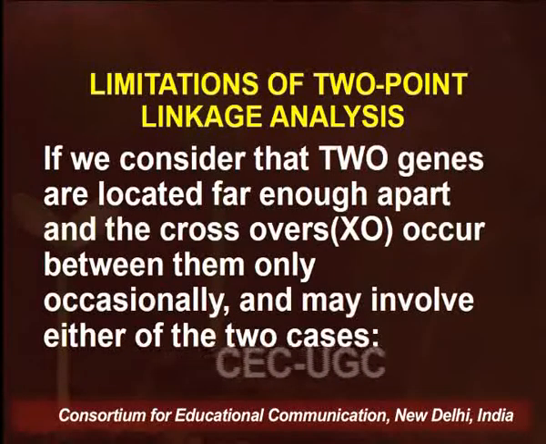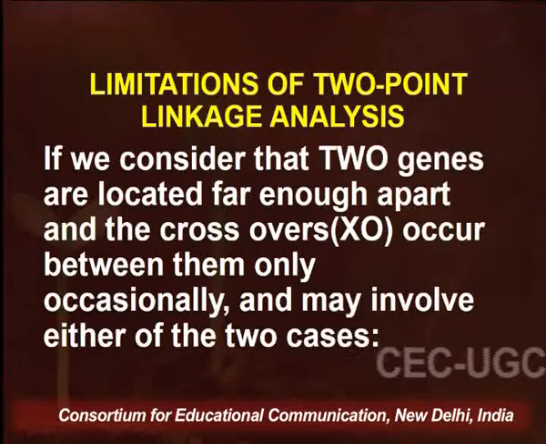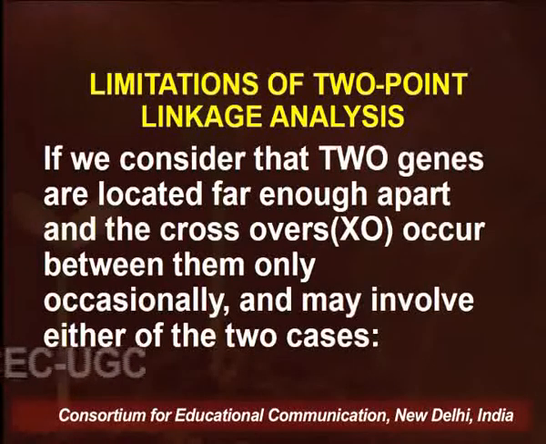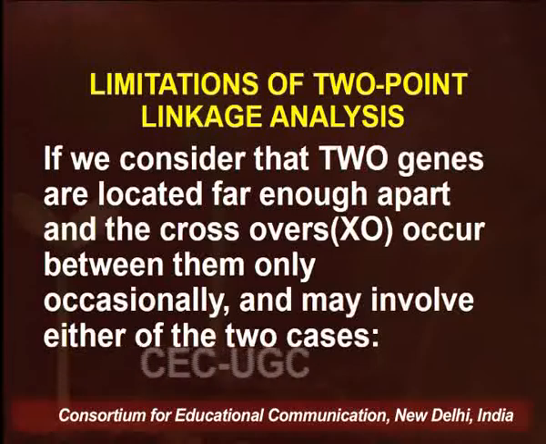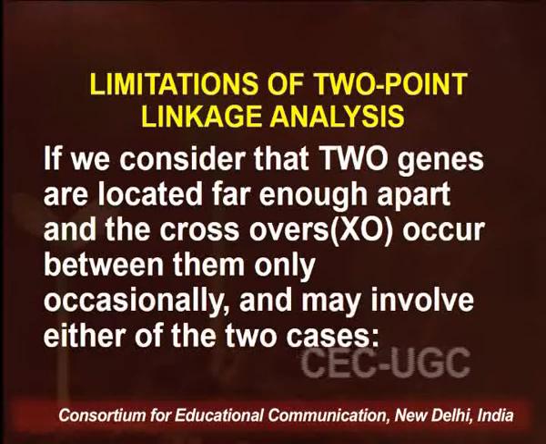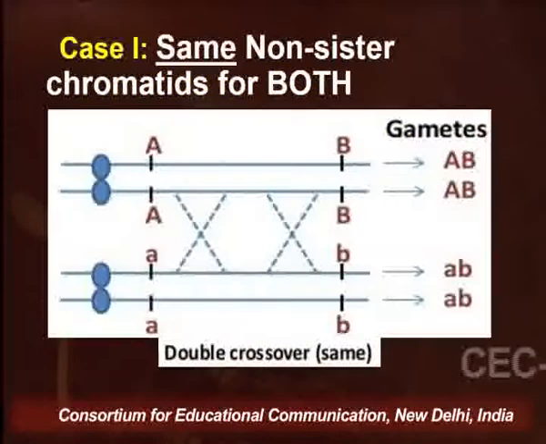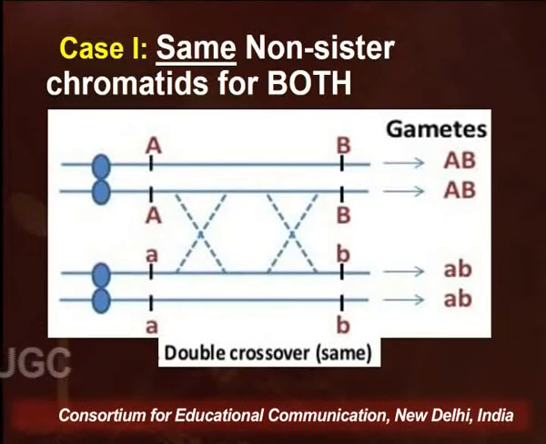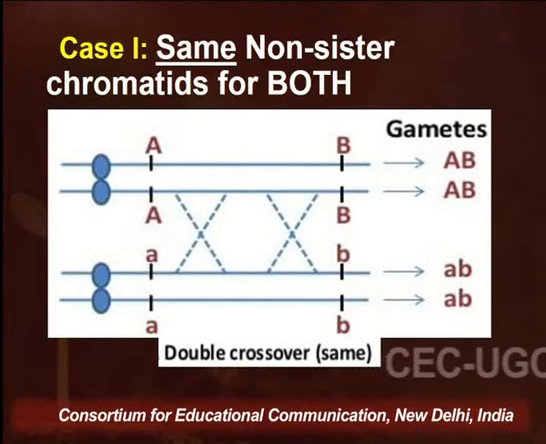If we are going to consider two genes which are located far enough apart and the crossovers are occurring between them only occasionally, then two cases may be possible. It is either or. In case one, we would find that the same non-sister chromatids are involved for both.